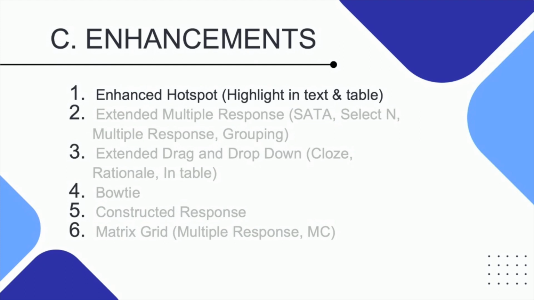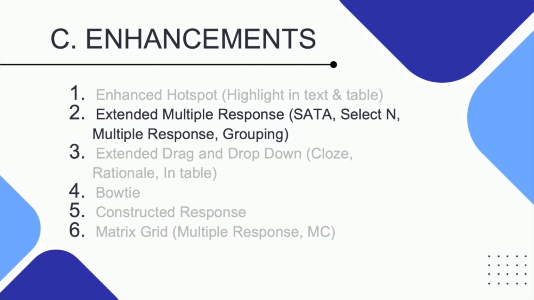For example, there's going to be an enhanced hotspot. So we looked at highlighting that can be done in the context of a paragraph or a table, meaning, what do you identify as irregular or abnormal about this scenario, this situation?